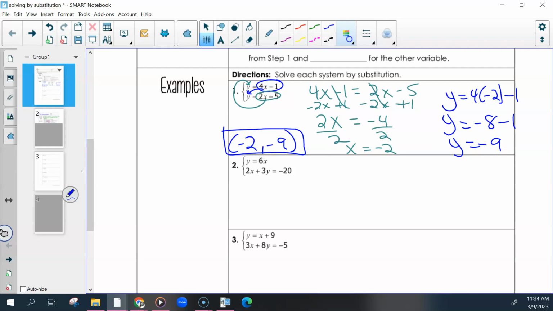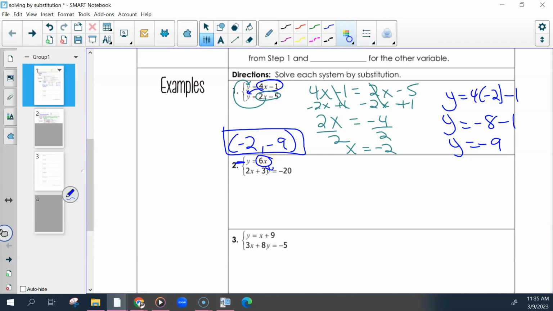For the second system, is one of these equations solved for x or y? Yes, the first one. As long as one of them is, we don't have to do the work to find one. So then we're going to take this expression, what y equals, and put it in for y in the second equation.